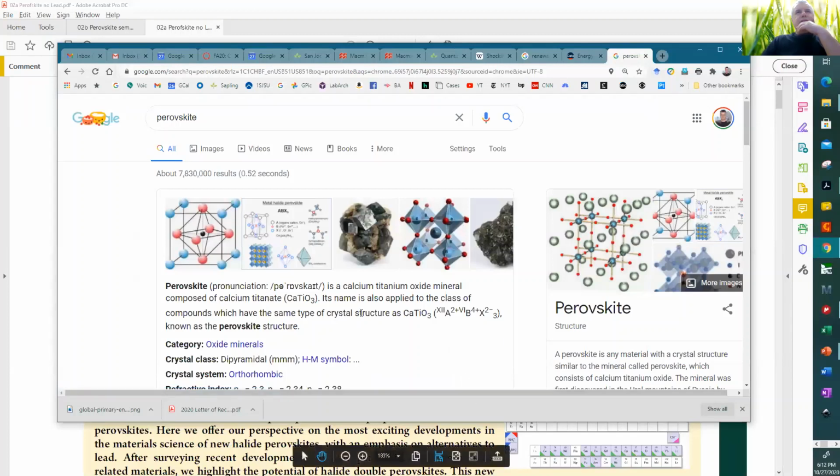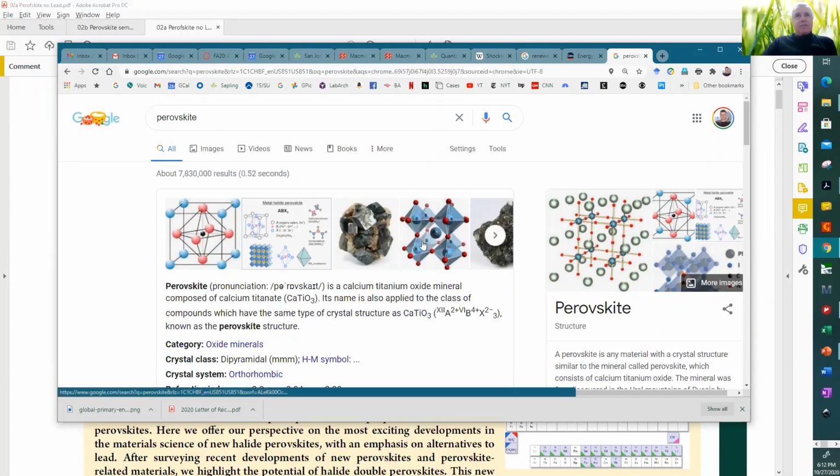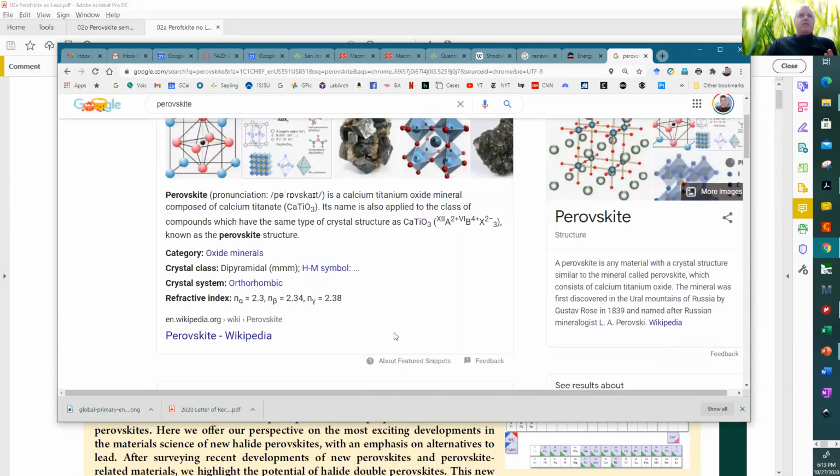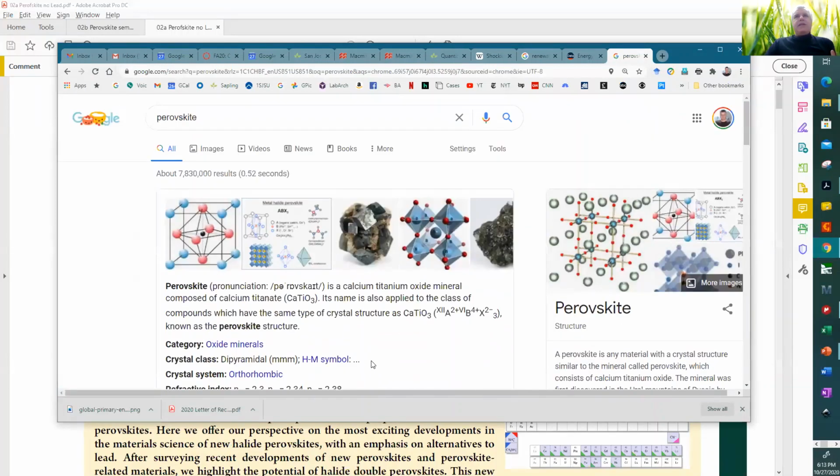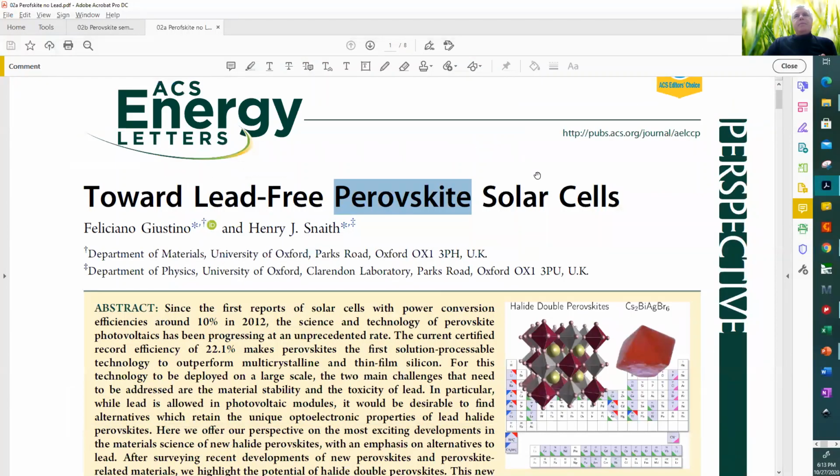Perovskite is ABX3, right? So calcium titanate is one, and basically they have these pyramidal structures. It's a very vague sort of classification of materials, but it works.